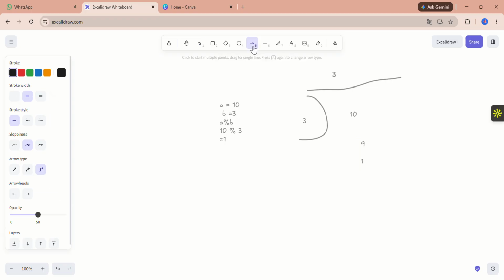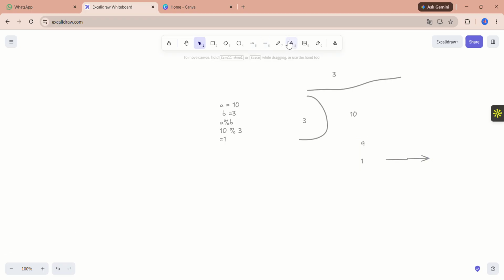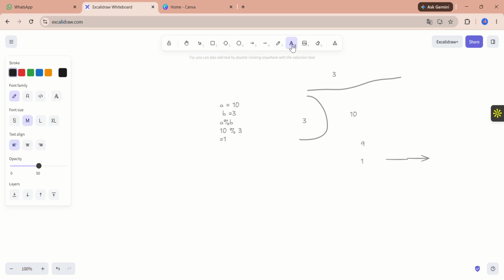So the remainder is 1. Modulo always represents a remainder. Basically, the modulo operator gives the remainder after division.